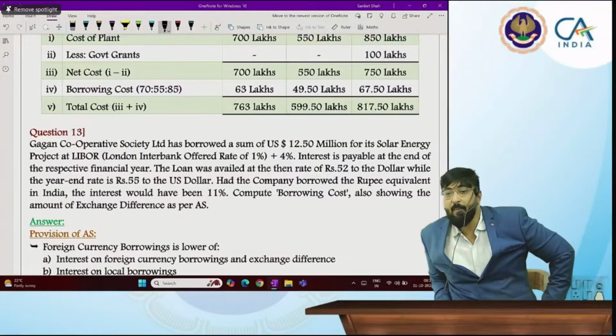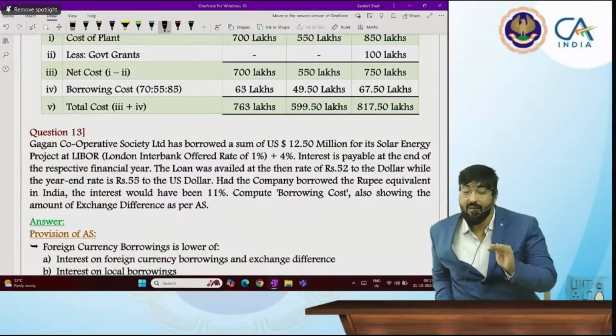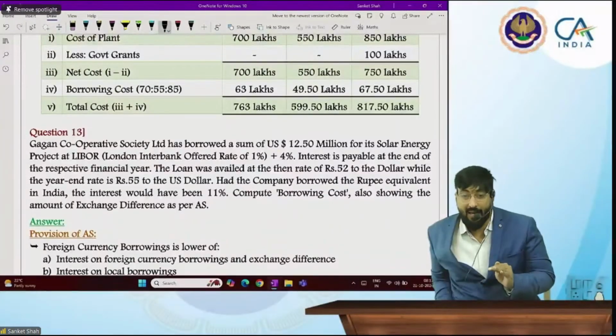See beta, I will explain this LIBOR to you. In India, we have the RBI rate. Now see, does every bank have the same loan rate? No, sir. It has different rates. Banks have to follow RBI guidelines.